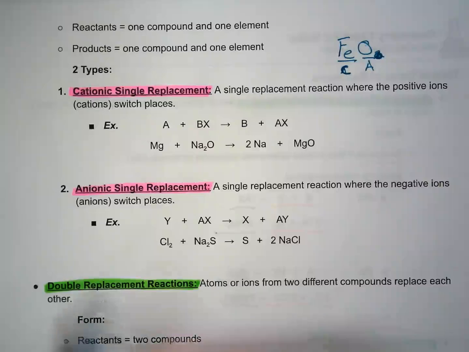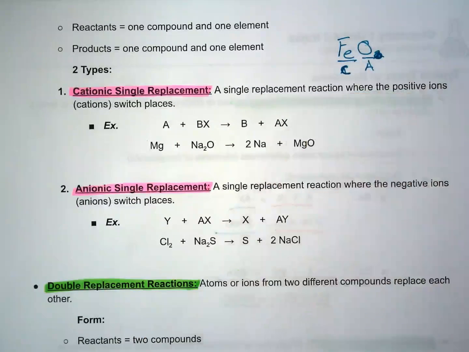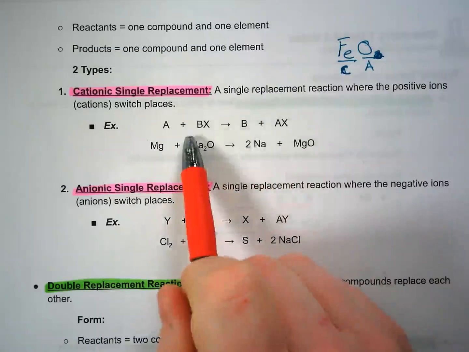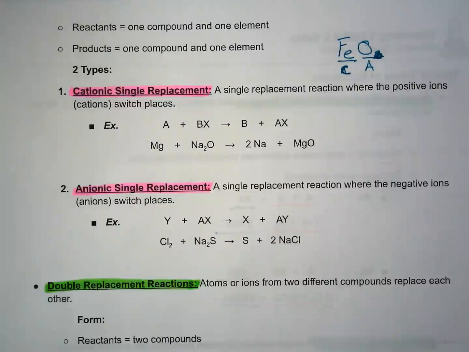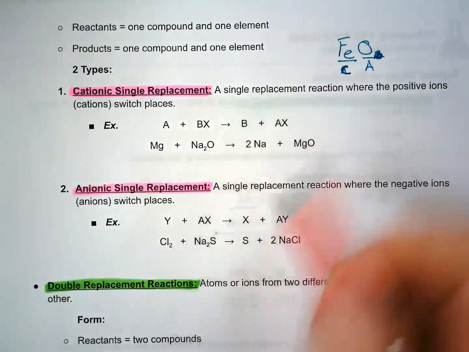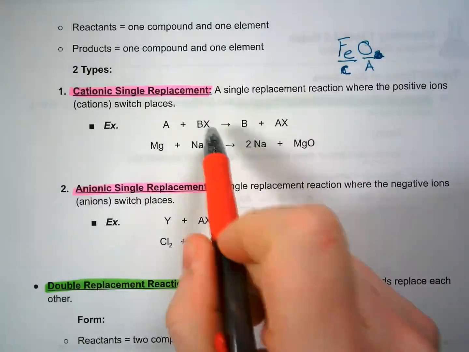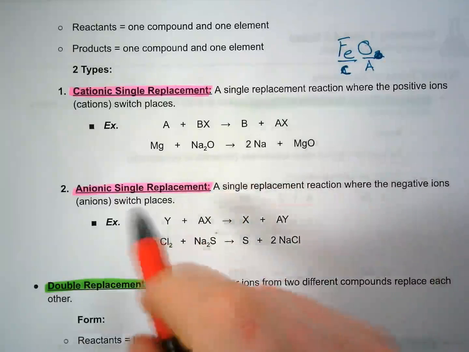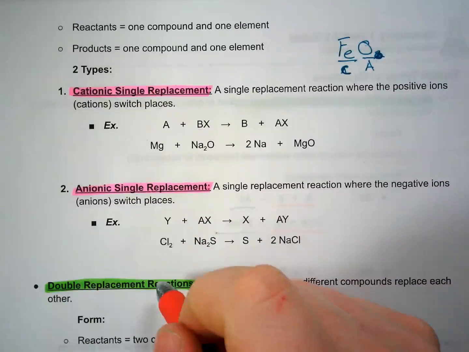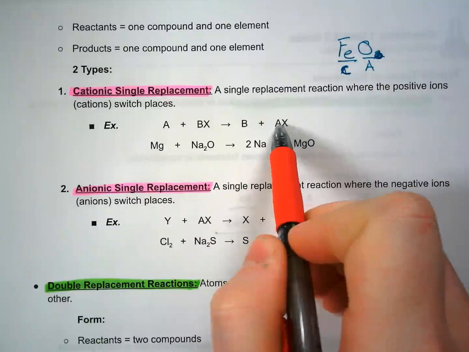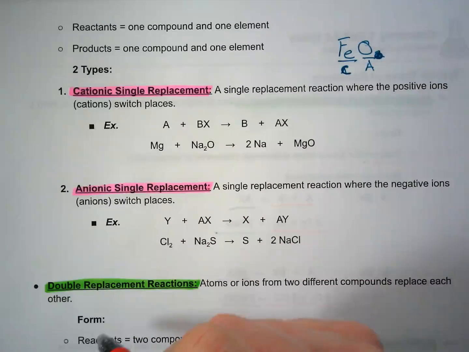How do we know it's cationic? If we look at the X here, we see the X is always combined with somebody. And because the X is always second, that tells us that the X is always the anion. So what changes is the cation that the X bonds to.